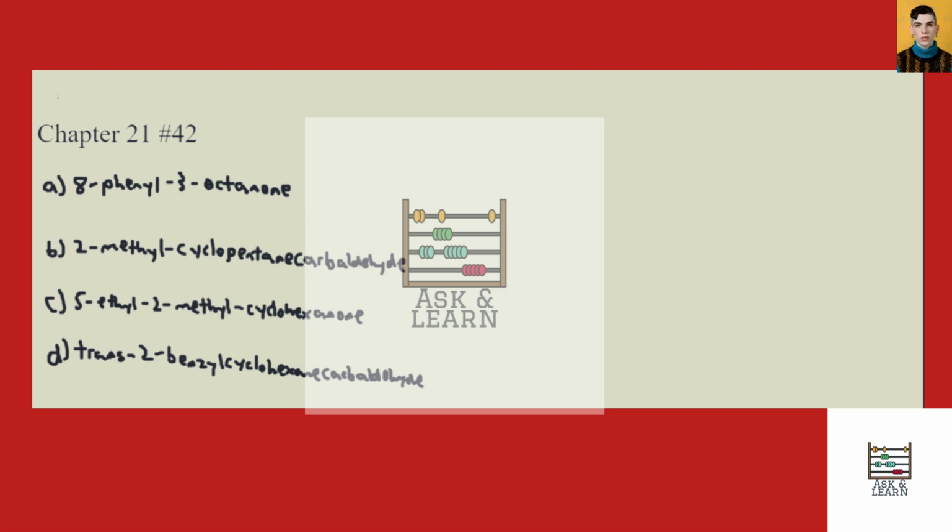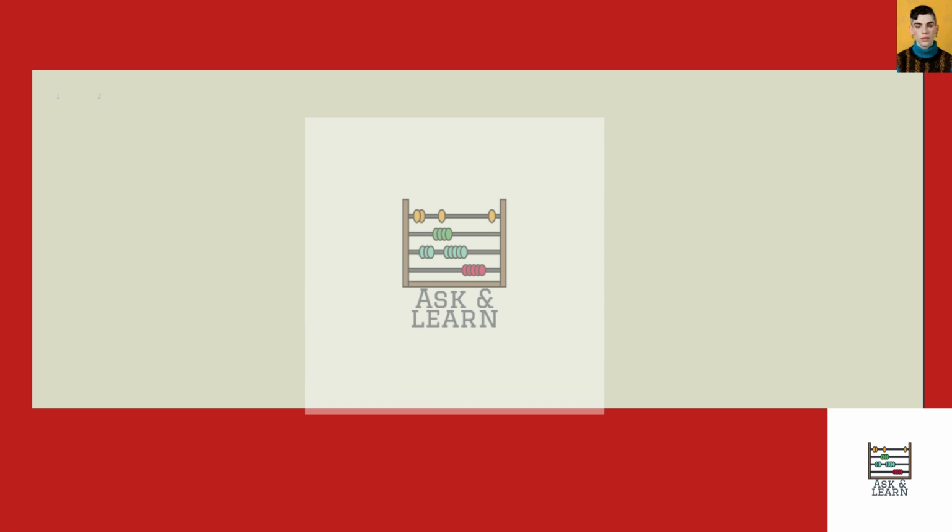I'm actually just going to do a new page rather than try to squeeze stuff in. So then for E, again, we have a 6-membered ring. This time it's an aromatic ring. It looks like we have an acetyl group and nitro group, and they are ortho to one another.